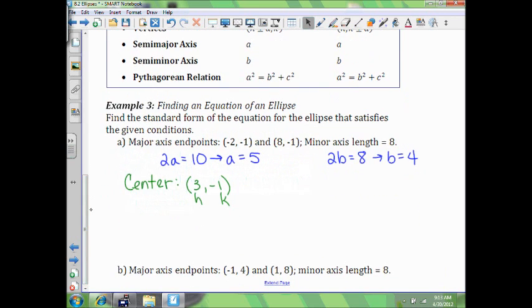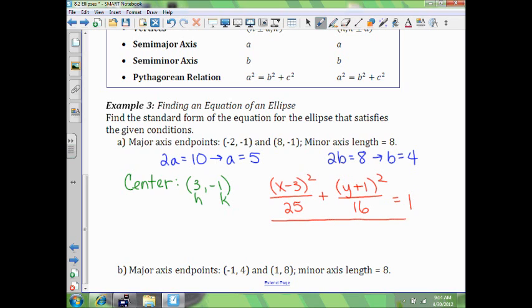So we're going to end up having (x minus 3) squared, (y plus 1) squared. Your a value is 5, squared will be 25. Your b value is 4, squared will be 16.